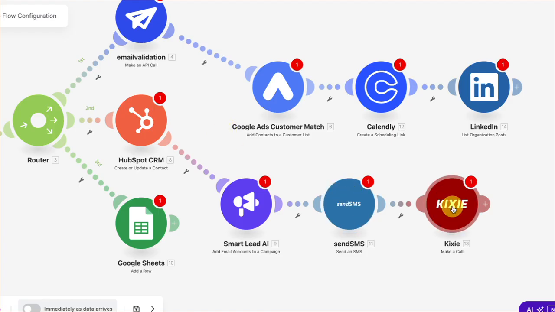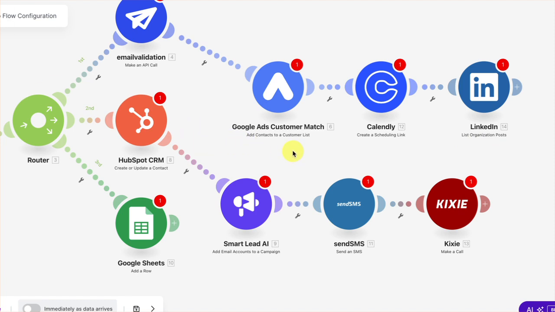We're then going to pass it over to Kixie, which is a cold calling platform for call centers and sales teams, things like that. And then feeding here from the Google Customer Match, we are setting up a custom Calendly link that can then be sent over to their LinkedIn campaign. We can look them up, follow them up on LinkedIn, and maybe send them a Calendly invite to set up an appointment with us. This is all theoretical.